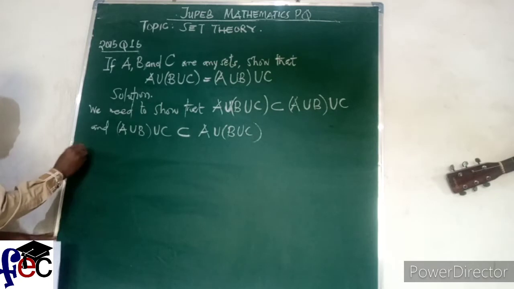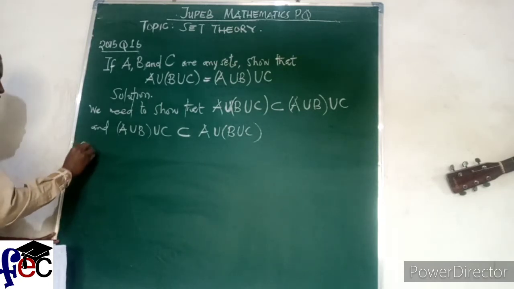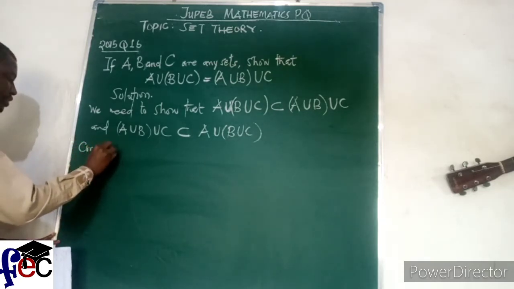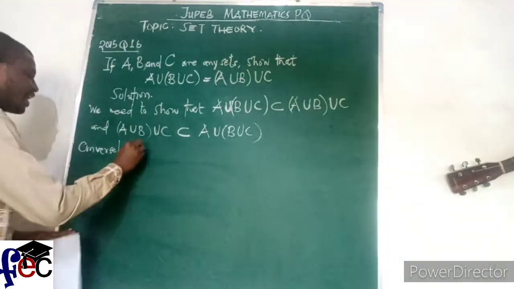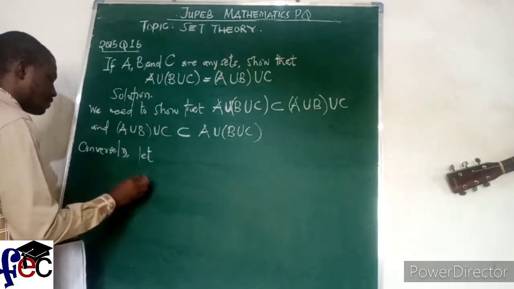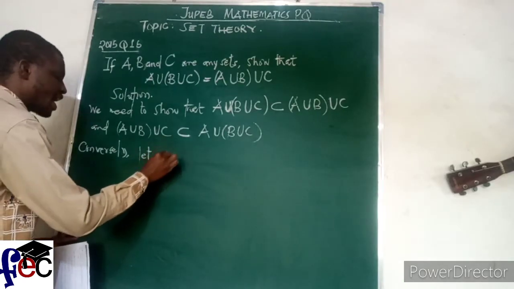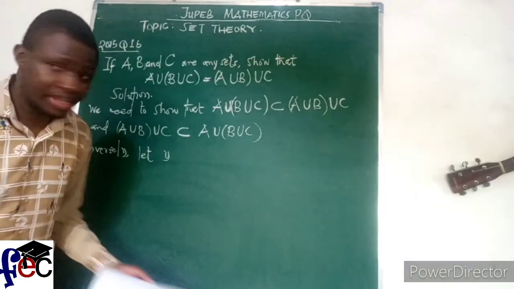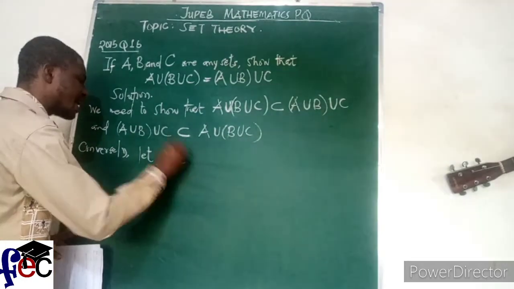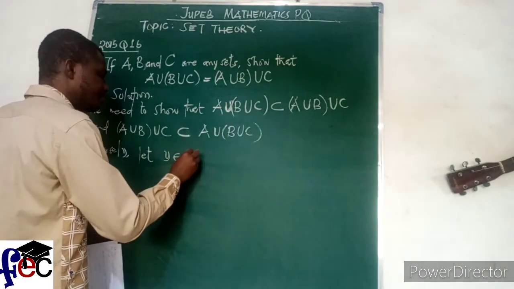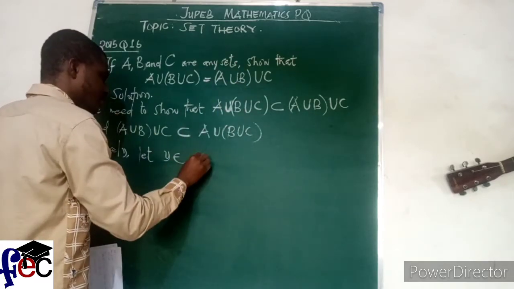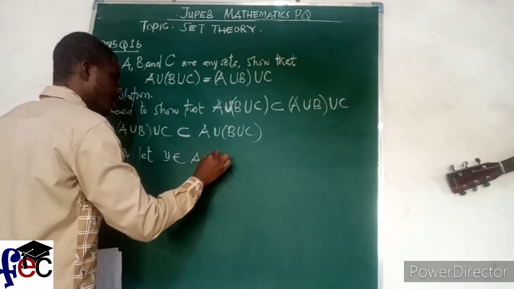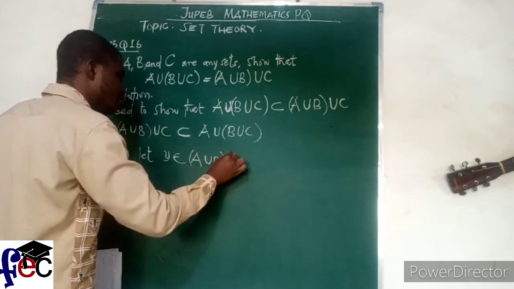So the next part is, conversely, we want to move from the other end. Let Y, an arbitrary element now, be a member of this other set, A union (B union C).